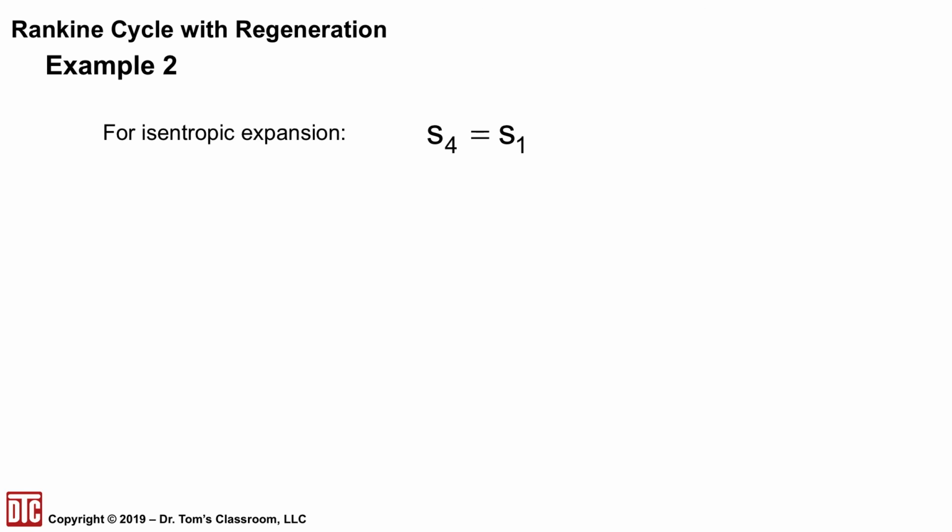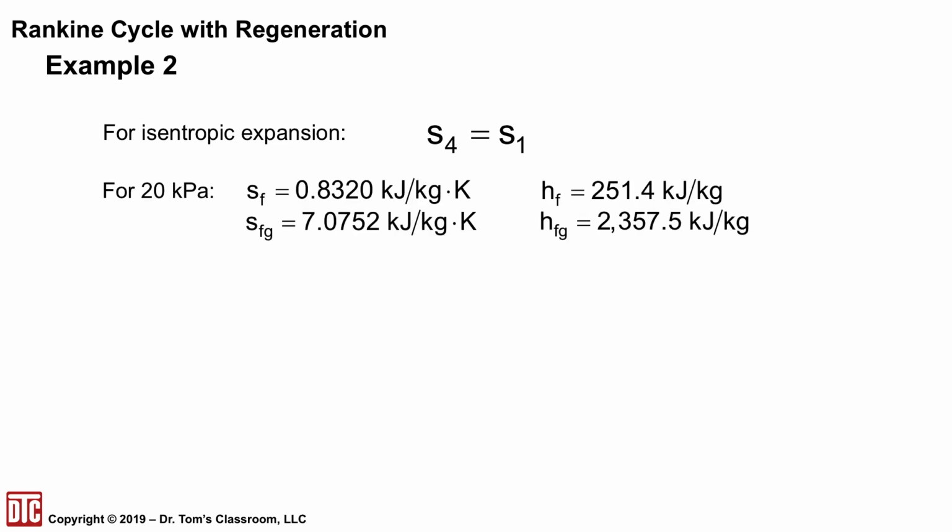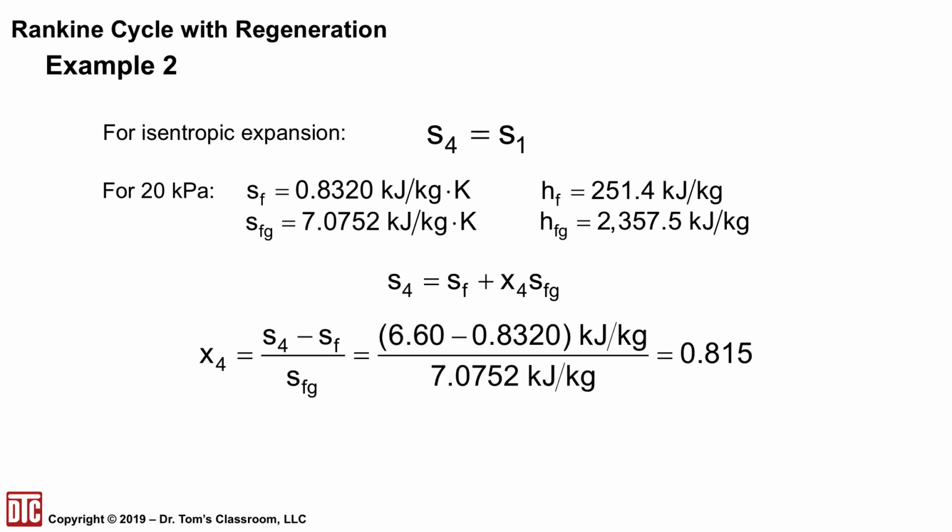And from the isentropic expansion, S4 has got to equal S1. And for 20 kPascals, we can find the Sf and Sfg and the hf and hfg. So S4 is Sf plus x4 Sfg. So here we can find x4.